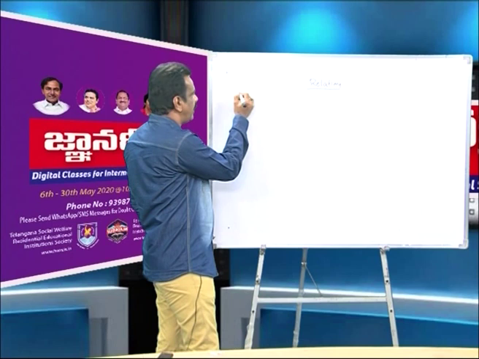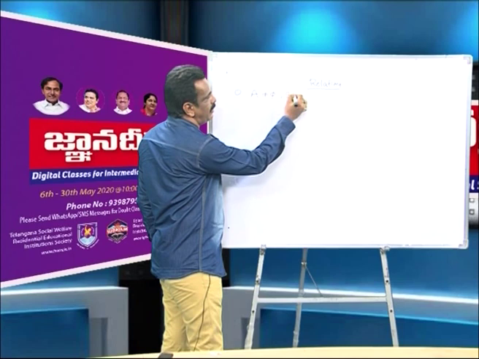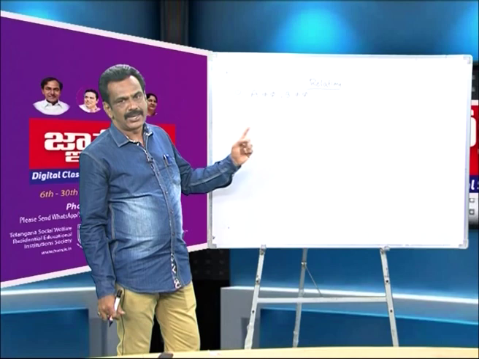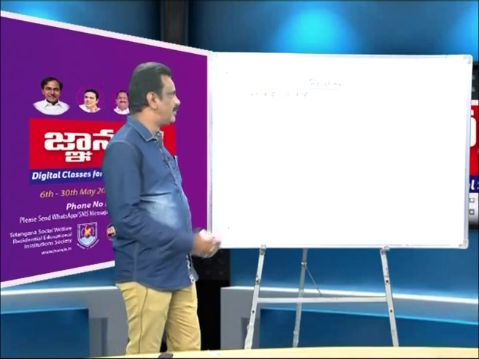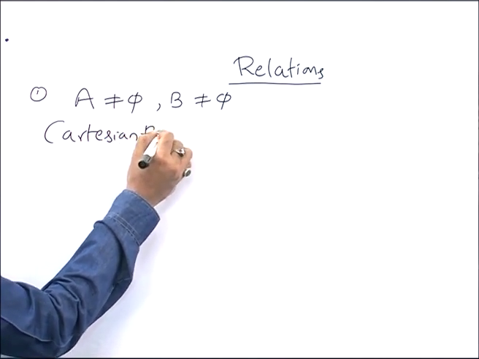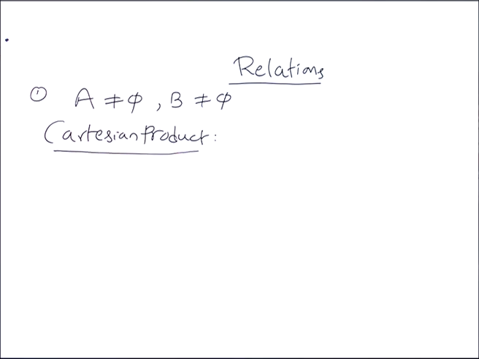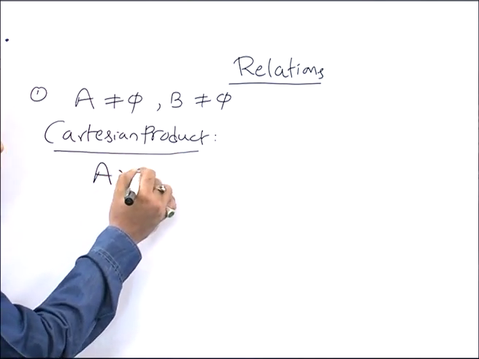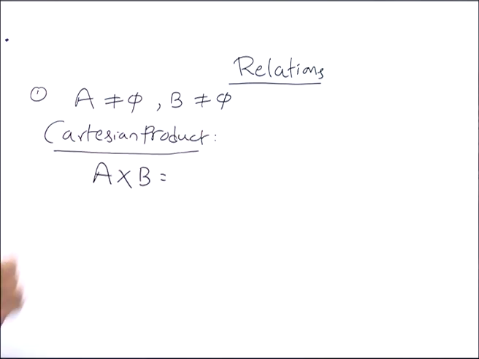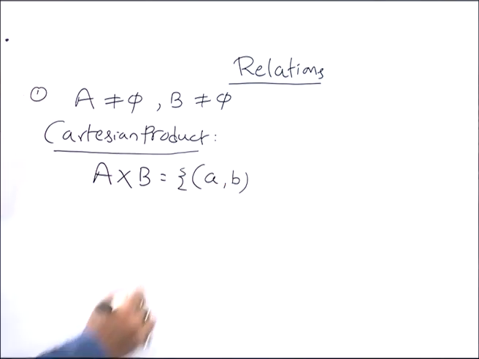I can take here, in point number 1, capital A is a non-empty set, capital B is also a non-empty set. So between these two non-empty sets, I want to first construct or define the Cartesian product. The Cartesian product symbol is A cross B, and here we want to connect the elements of A to the elements of B, and hence we define a set of pairs of elements, that too ordered pairs of elements.